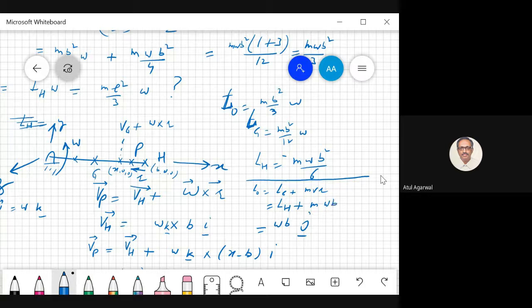Omega b into r. r is again b. m omega b square. What is my LO? LO is equal to m b square by 3 omega. What is my LH? Minus 1 by 6, plus 1. So I have to look into it. What has gone wrong? Okay.